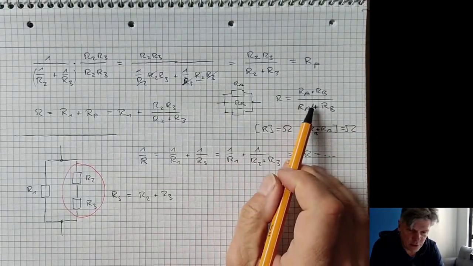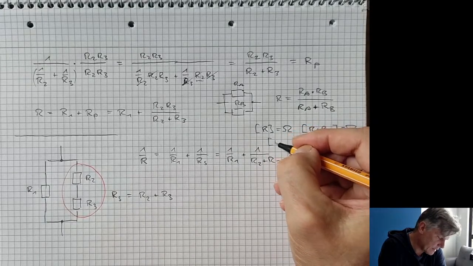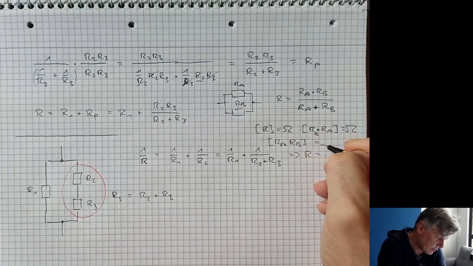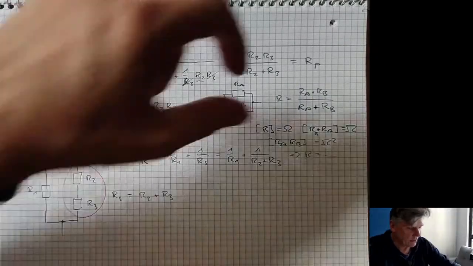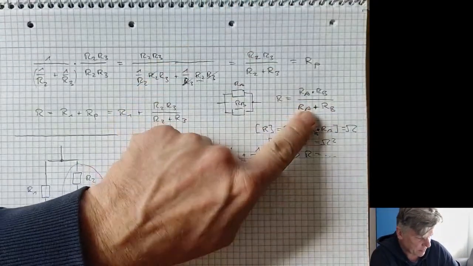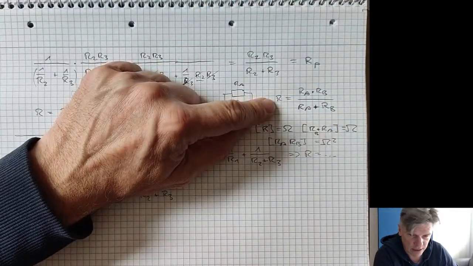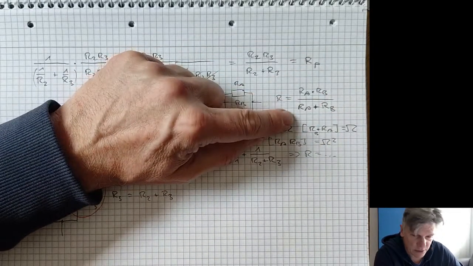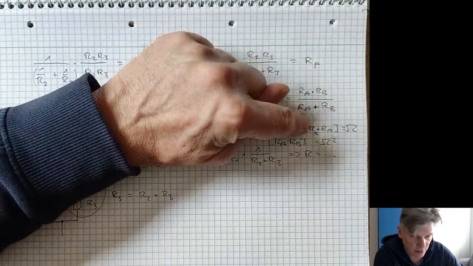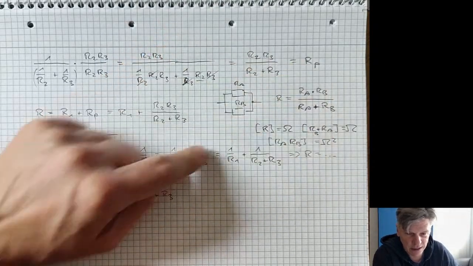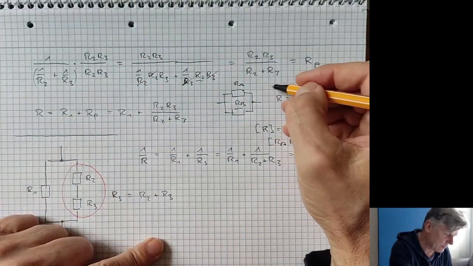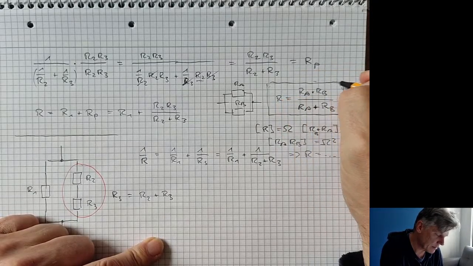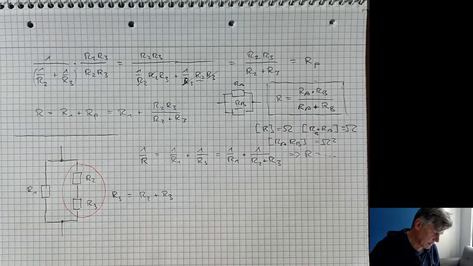But the unit of the product RA times RB is of course ohms to the power of 2. So ohms squared divided by ohms gives you ohms. That's okay. If you do it the other way around, if you take the reciprocal, you would divide ohms by ohms squared. So the units help you a little bit to memorize this important formula for parallel resistors.